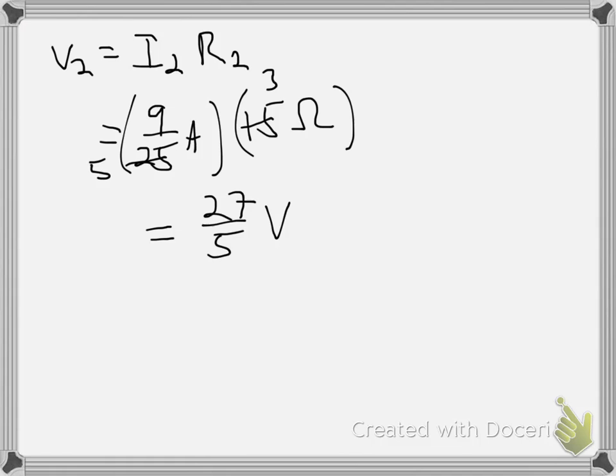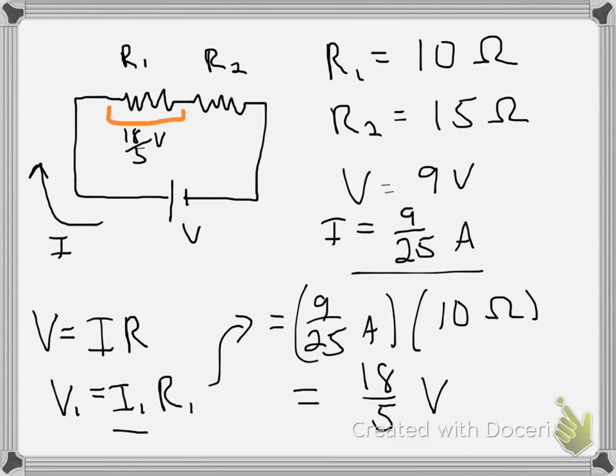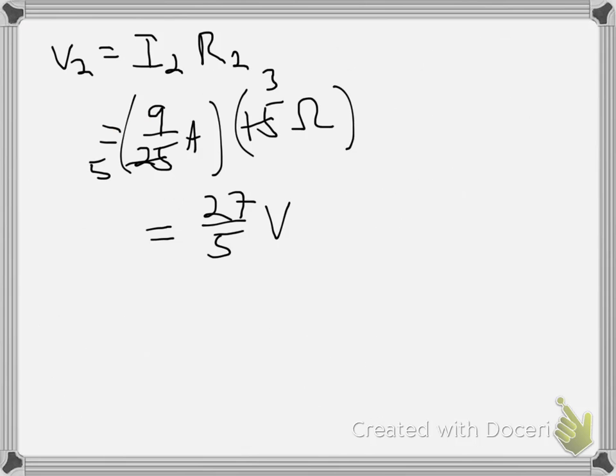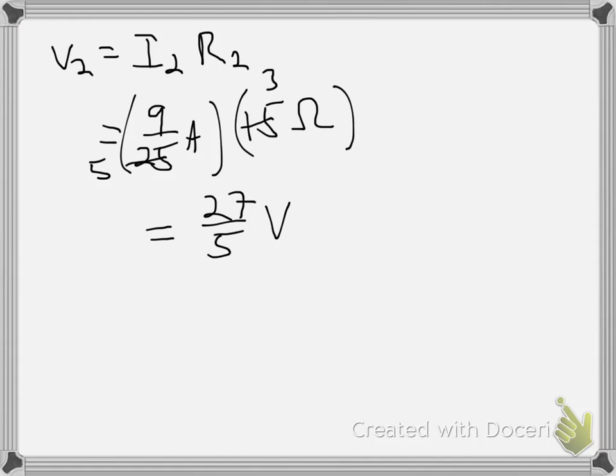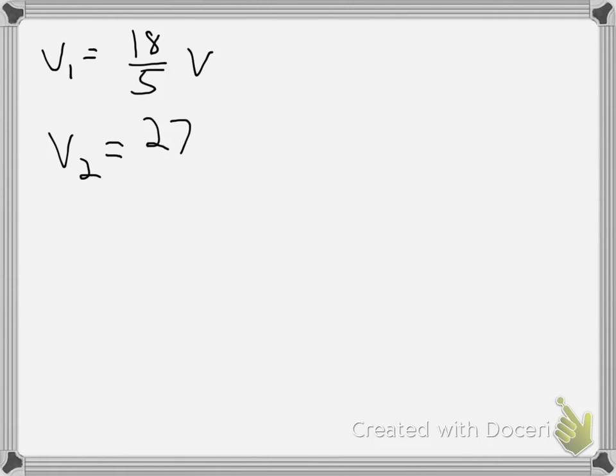Now, I want to show you something really interesting. Let me go to a clean page. The voltage drop across R1 was, I believe, 18 over 5 volts. The voltage drop across R2 was, I believe, 27 over 5 volts.